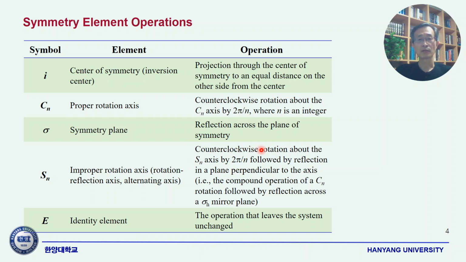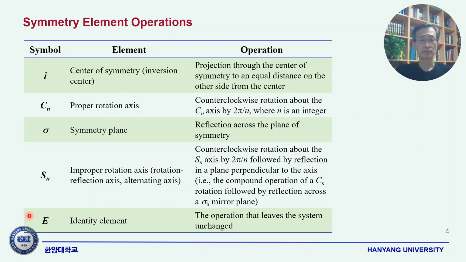So it's a counterclockwise rotation about the Sn axis by 2 pi over n, which is just the same as Cn, and then followed by a reflection in a plane perpendicular to the axis of rotation. So it has 2, such as Cn and then sigma h. Sigma h is the horizontal mirror plane, which is perpendicular to the axis of rotation. So these are compound symmetry operations of Cn and sigma h. So that is the improper rotation axis.